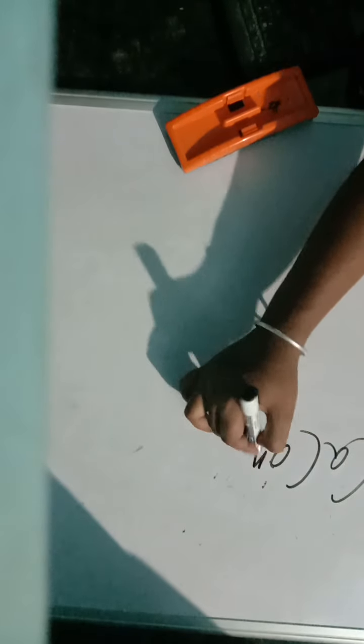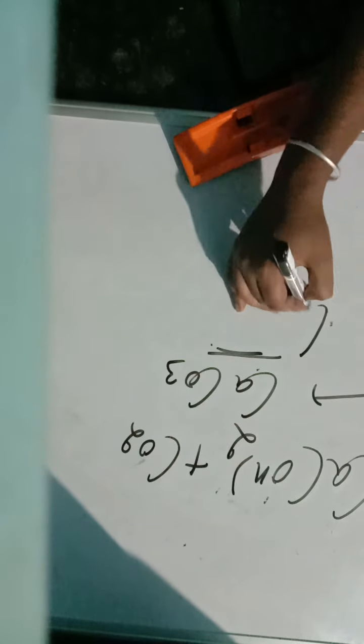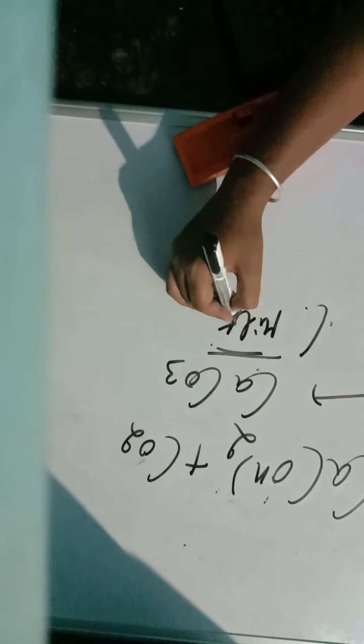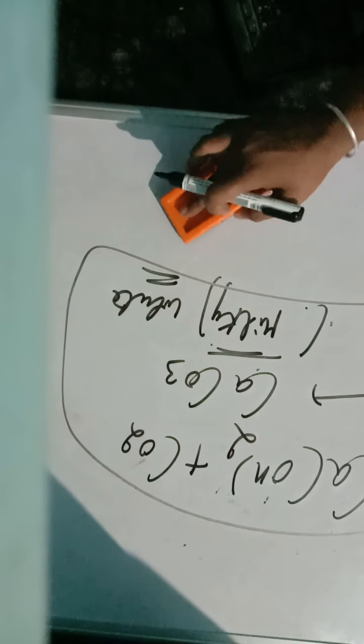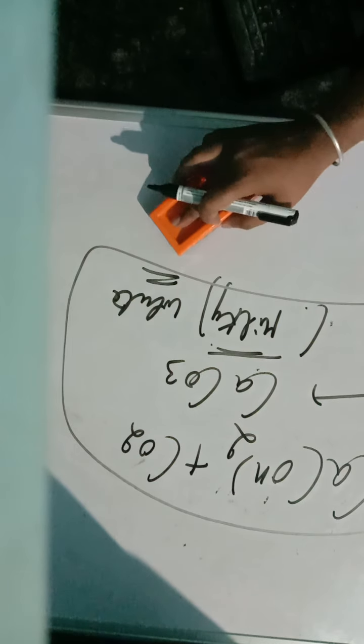If I put calcium hydroxide plus CO2, what are we going to form? CaCO3, calcium carbonate, which turns milky or white. So here also there is a change in color, and it changes into purely white.